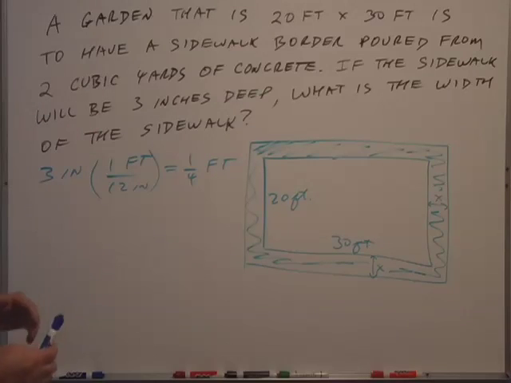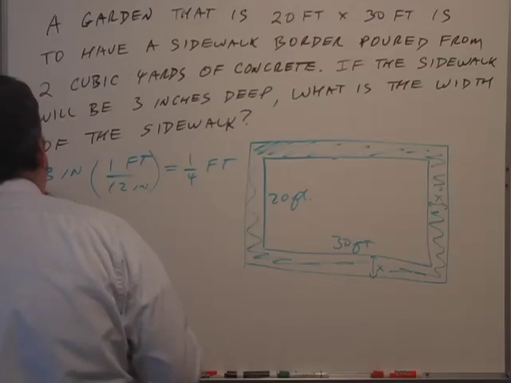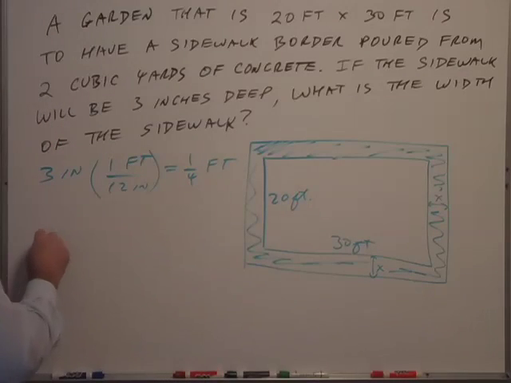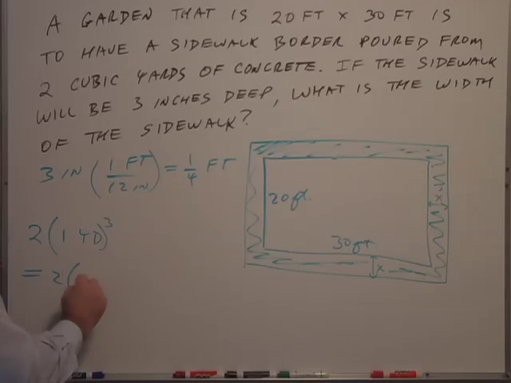What about 2 cubic yards? How much cubic feet is that? Well, 2 yards to the 3rd power. Oh, I didn't do that right, did I? Because it's 2 cubic yards, so I have 2 times 1 yard cubed. 1 yard is 3 feet, so that's 2 times 27 feet cubed.